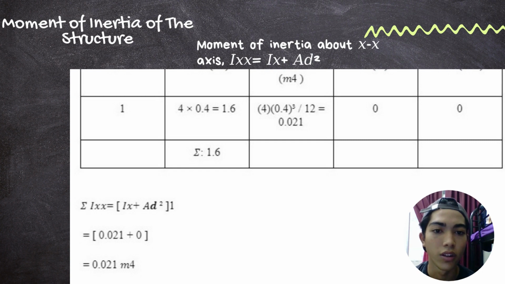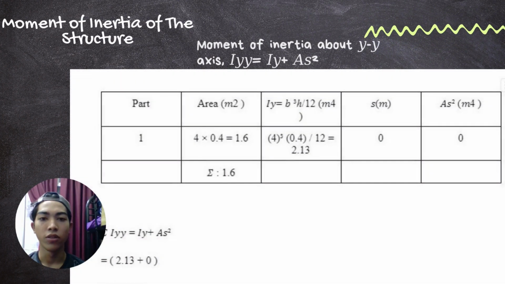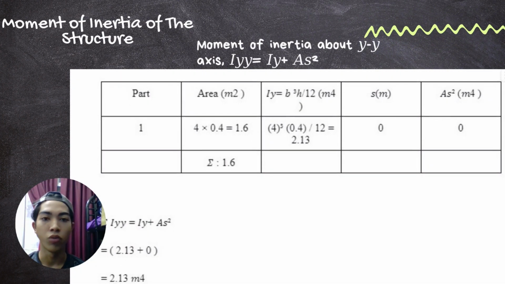Then the other one is 0. So the summation of the area is 1.6.